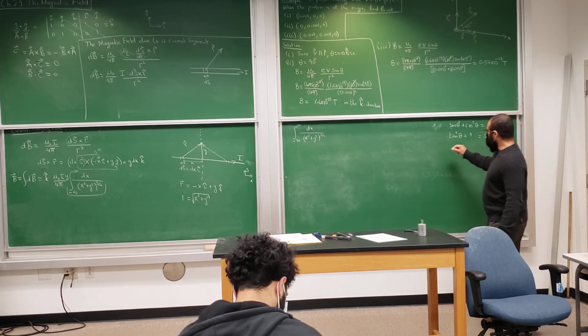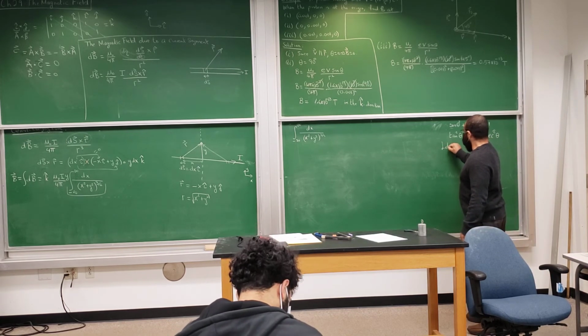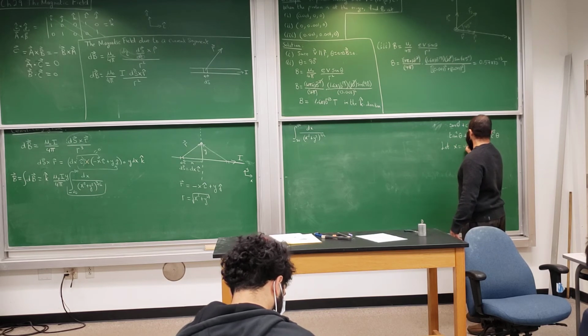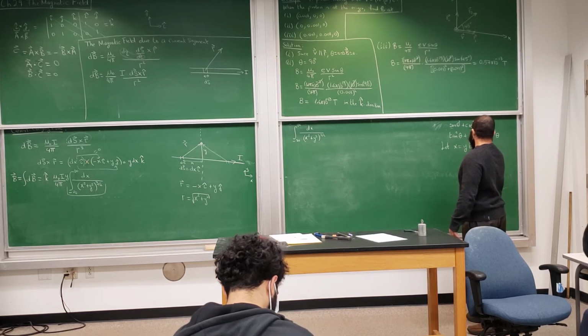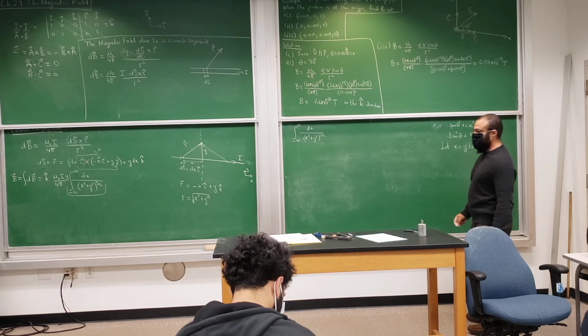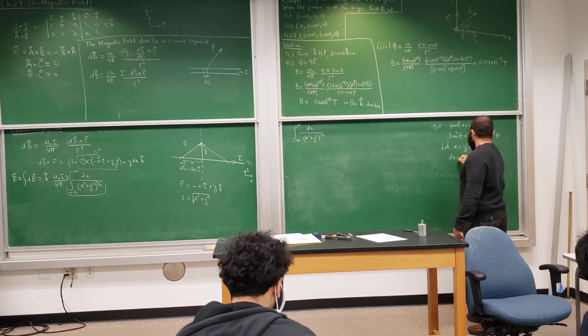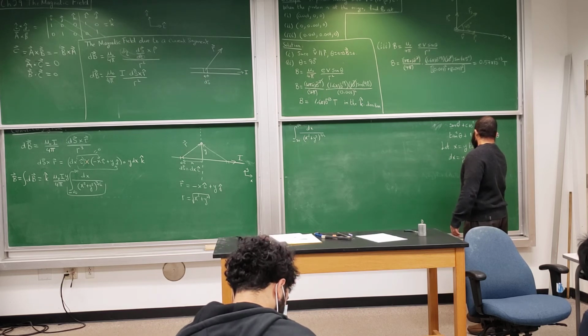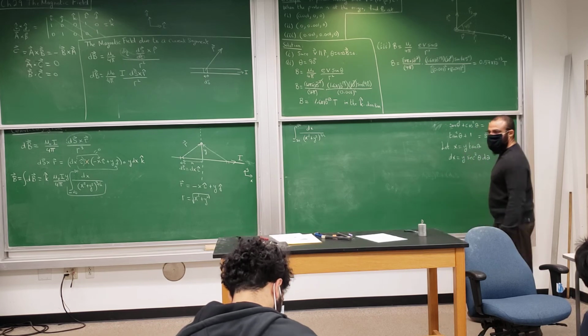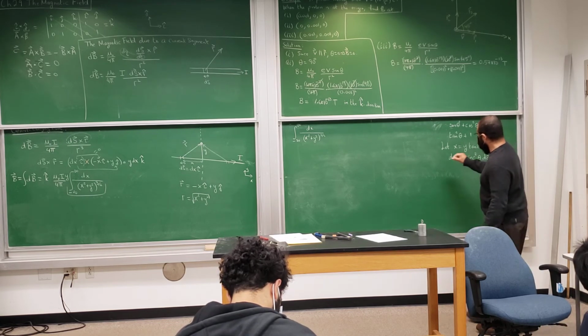So I'm going to say let x equal y times the tangent of theta. First, this has the consequence that dx will be y secant squared theta d theta.